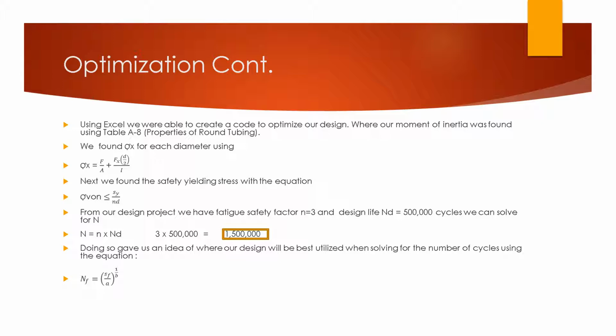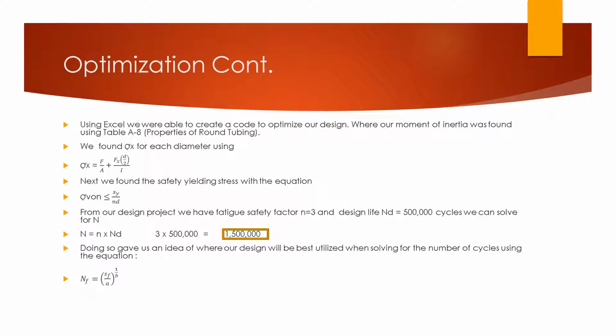Next, we found the safety yielding stress with the equation stress on VCs to be greater than or equal to our yielding stress over our design safety factor. And from our design project, we have fatigue safety factor N equals 3 and design life ND equals 500,000 cycles.